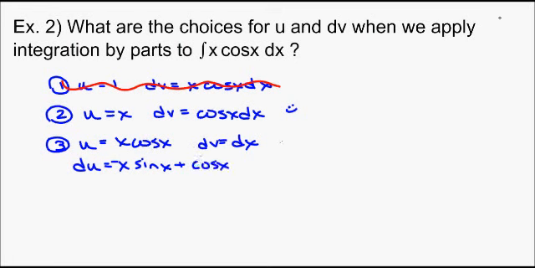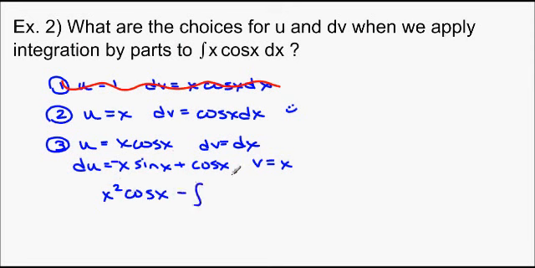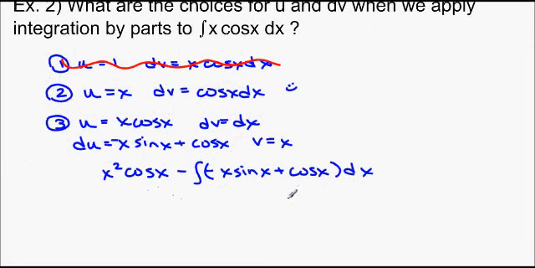And then our v would be x. So we would end up with uv, so x times x cosine x, so x squared cosine x, minus the integral of negative x sine x plus cosine x dx.